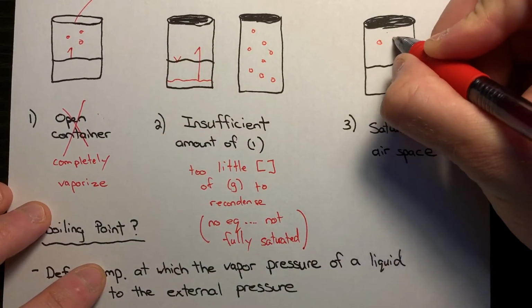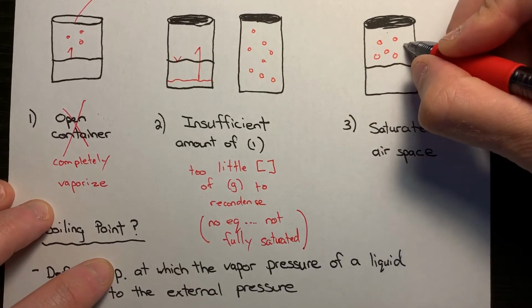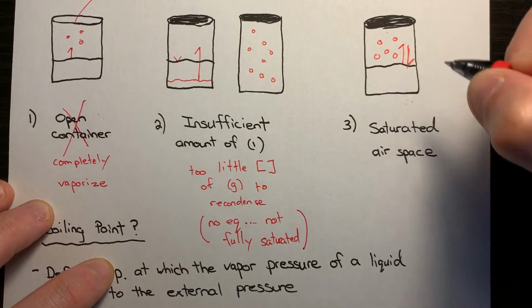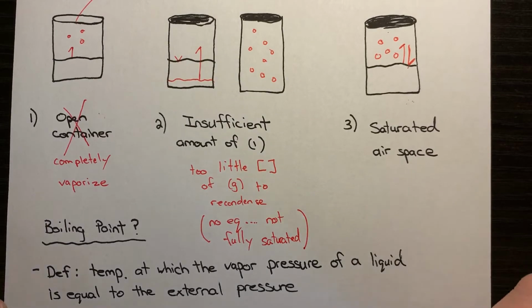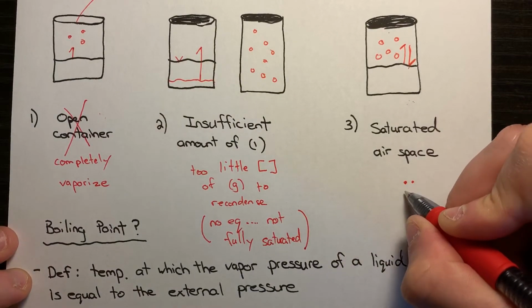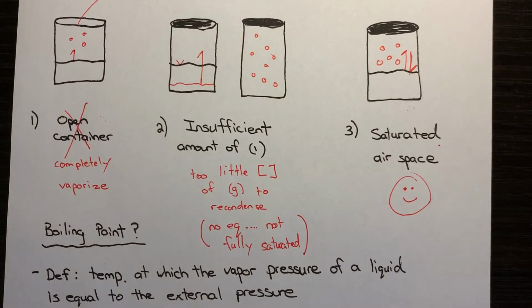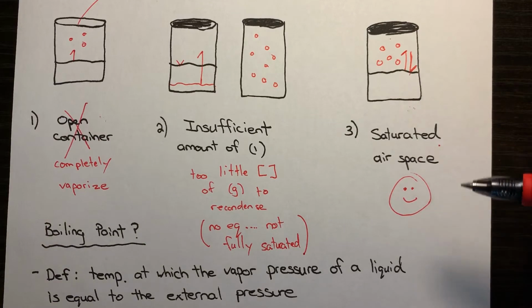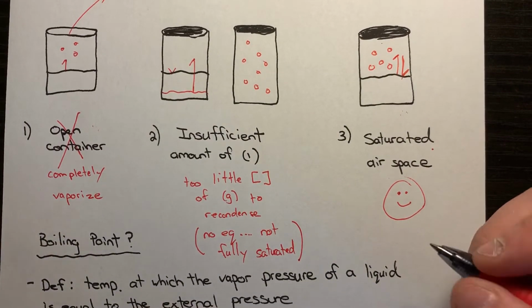Now, finally, this is kind of our perfect scenario here. We have a saturated airspace. We have plenty of volume of the liquid remaining. And so while we're seeing vaporization take place, we also see condensation taking place as well. So this is kind of our happy scenario. Now, in this scenario, it may look as though nothing is happening, but again, we are seeing vaporization, we're seeing condensation, maybe not macroscopically, but both of those things are occurring.